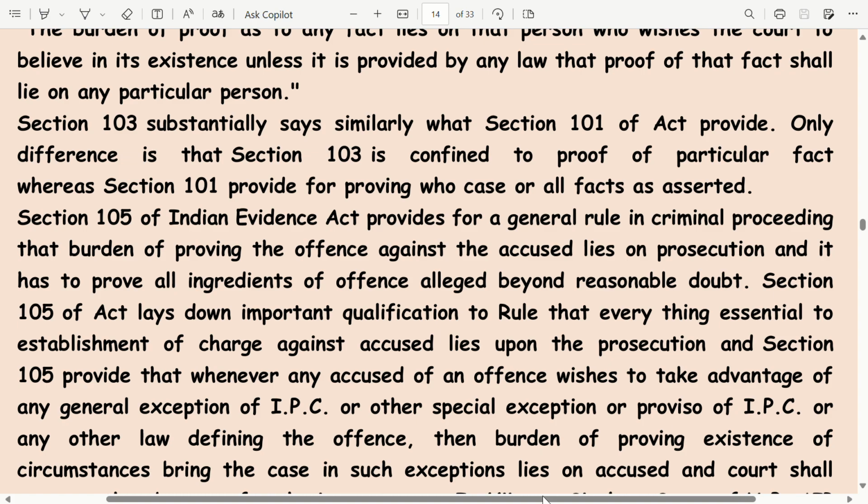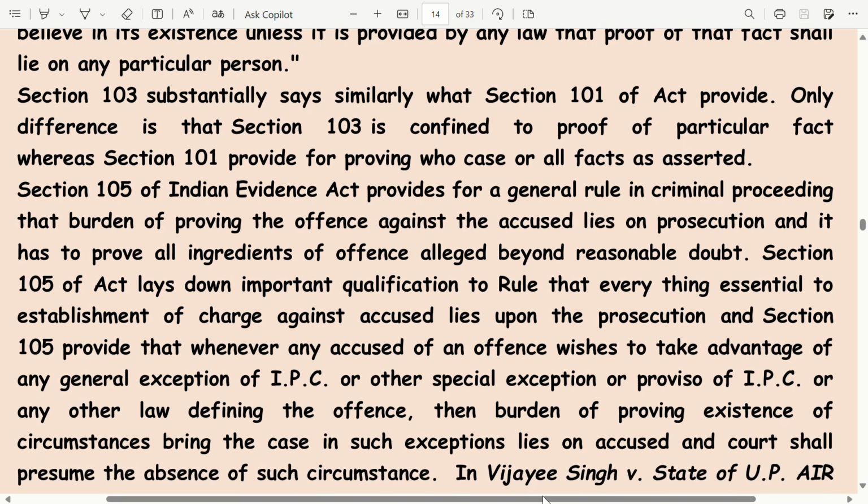Section 105 provides that whenever any accused of an offence wishes to take advantage of any general exception of the Indian Penal Code or other special exception or provision of the IPC or any other law defining the offence, then the burden of proving the existence of circumstances bringing the case within such exception lies on the accused, and the court shall presume the absence of such circumstances.